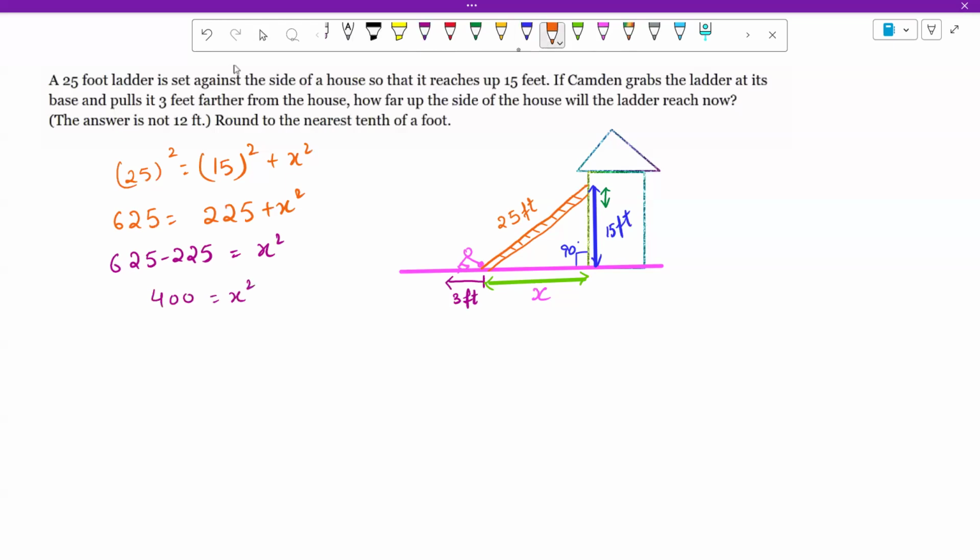So over here, what is the value of x we'll be getting? You get 20. 20 feet. Okay, so we got this is 20 feet, right?